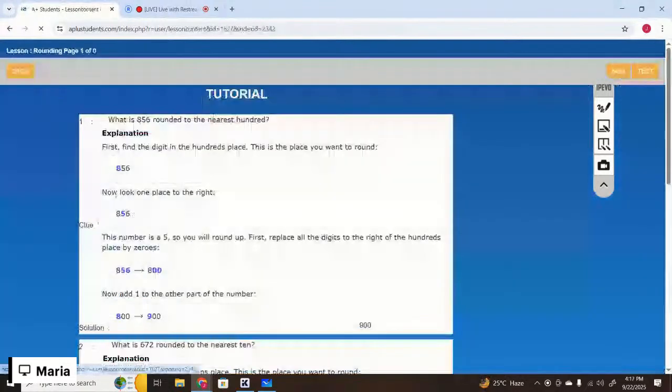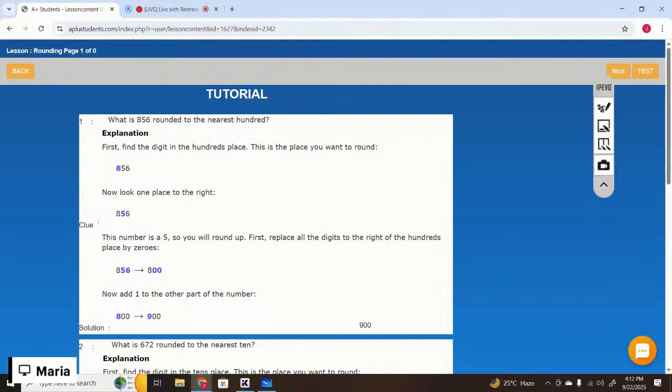That is rounding. Let's just start with the lesson. What is 856 rounded to nearest 100?